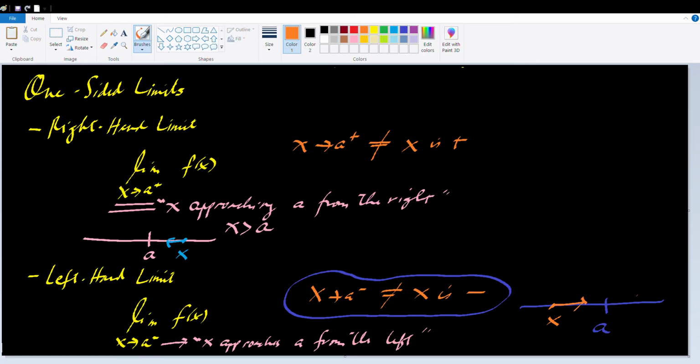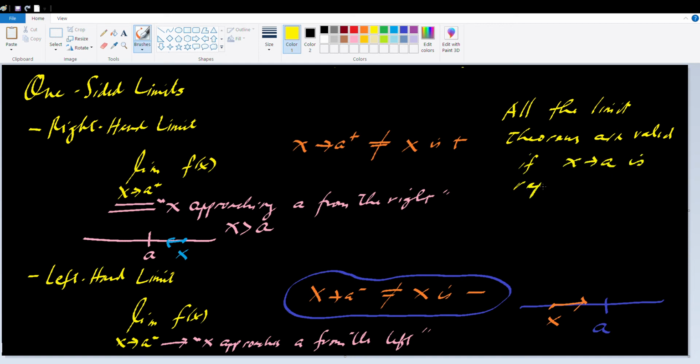Alright? All the limit theorems are still valid if x approaches a is replaced by x approaches a from the right or x approaches a from the left.